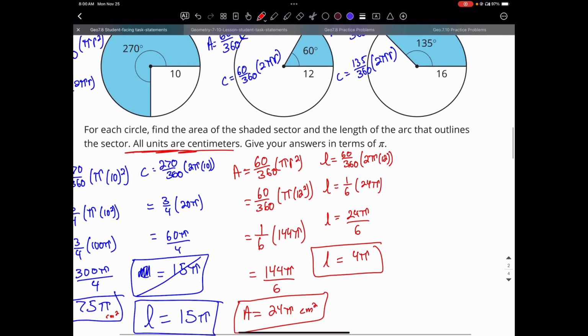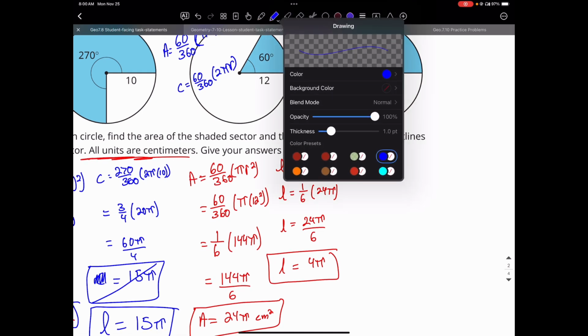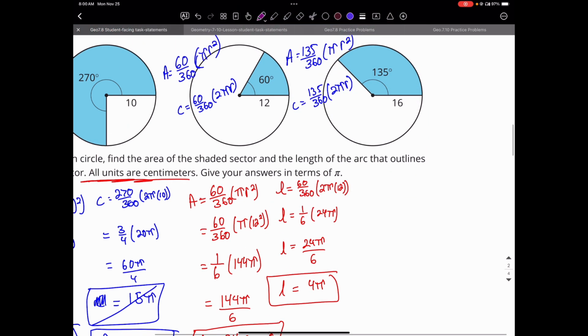Okay. For the last one, let's do this. For the last one, we have area equals 135 over 360 times pi times our radius of 16 squared.